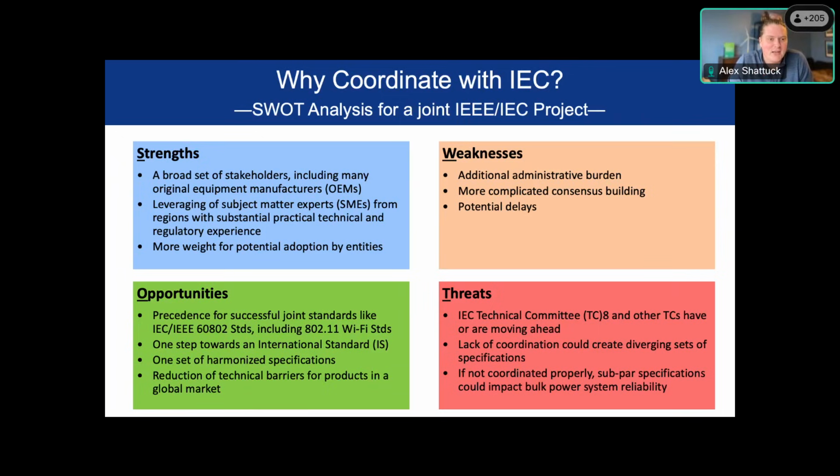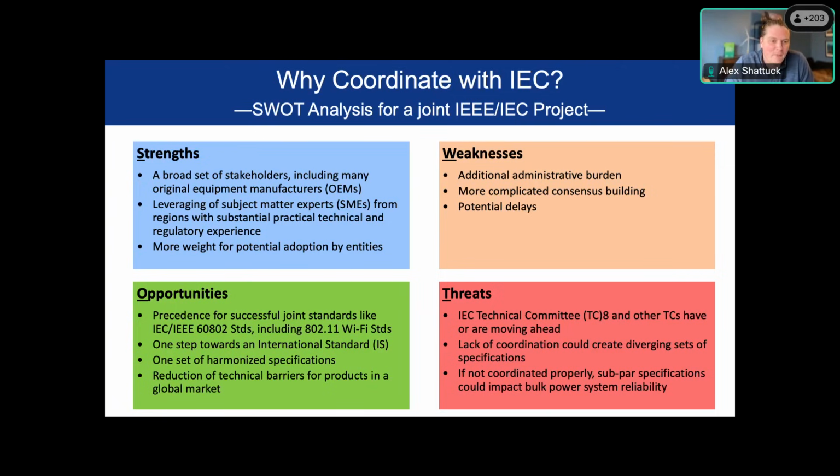On the IEC side, there's a lot of highly academic and forward-looking research members as part of the national committees, and some different manufacturers who may not participate in the North American processes, but are participating in the IEC processes. So one of the main strengths is that we combine those two stakeholder groups and fill each other's gaps.